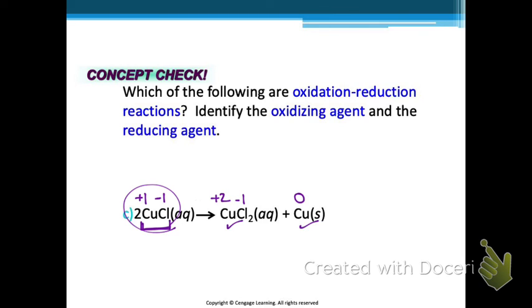It's causing the change for both. I only have one reactant here, so it's going to be acting as both the oxidation and the reduction agent. Because it's causing copper to go to +2 and to 0, right? So copper +2 is being oxidized and copper is just being reduced.